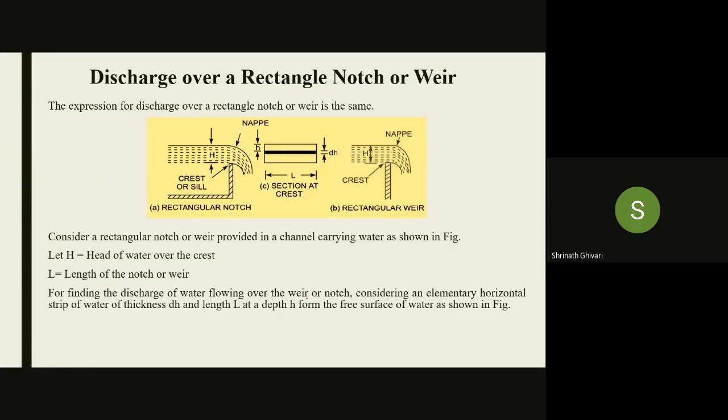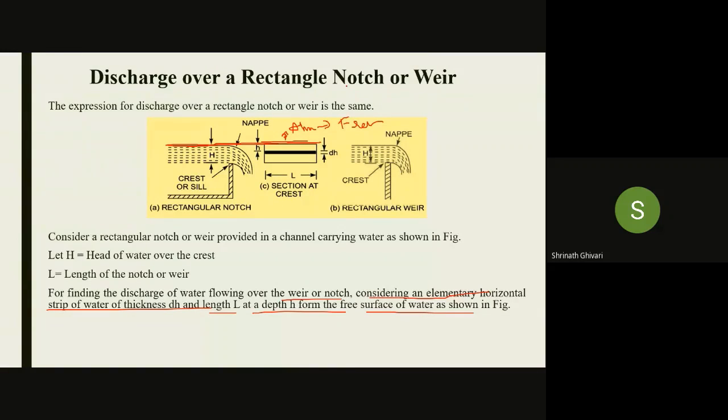For finding the discharge of water flowing over the weir notch, consider an elementary horizontal strip of water of thickness dh and length L at a depth h from the free surface of water. This part is open to the atmosphere, which is known as the free surface.